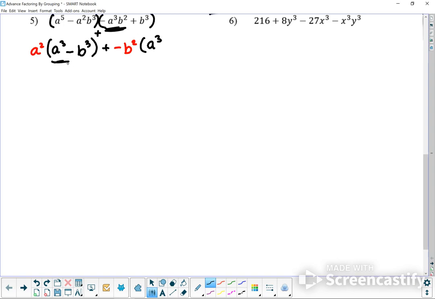And again, it should match with this. And then b to the third divided by b to the second, positive divided by negative is a negative, and then b to the third.